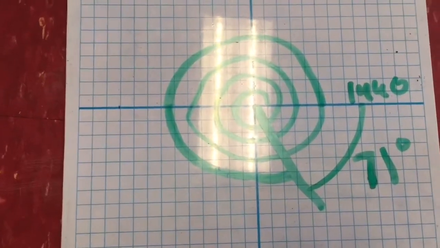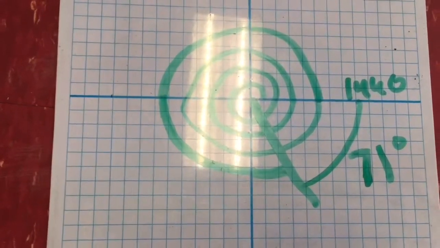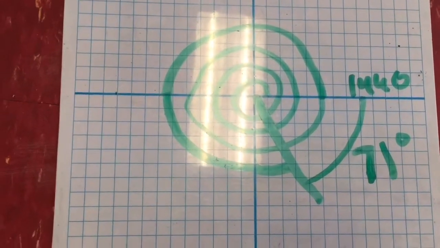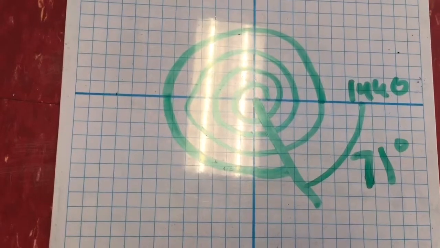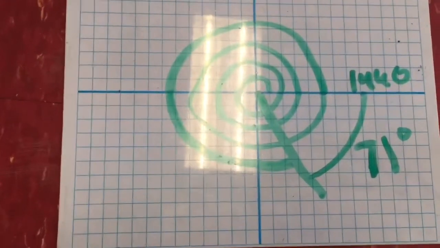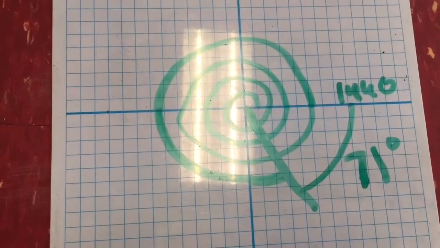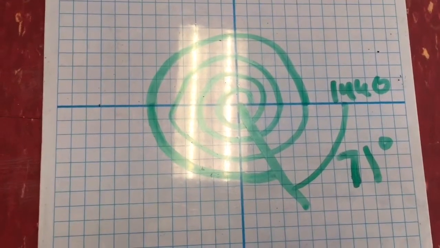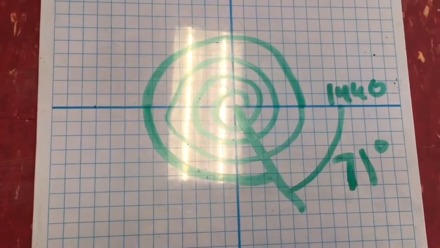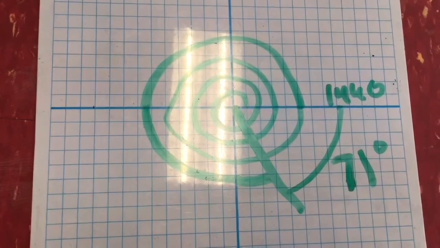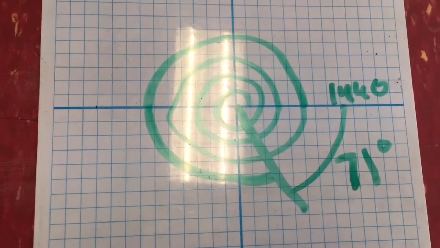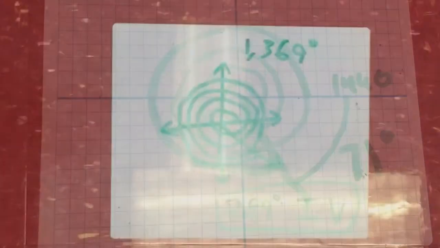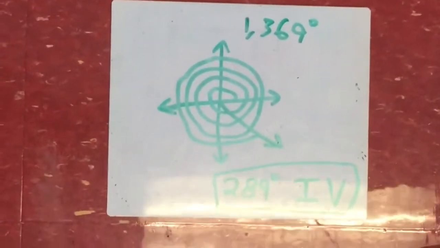So we start. 1440 minus 1,369. And once you get that, you get 71 degrees. That's it? Yeah. Medium example.